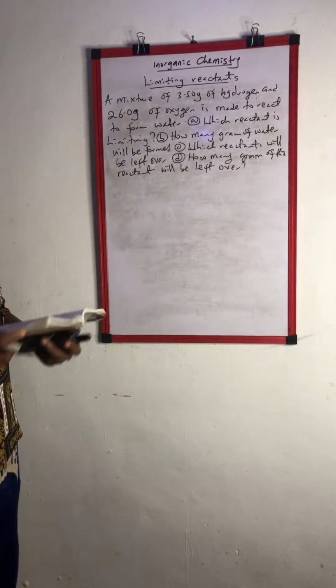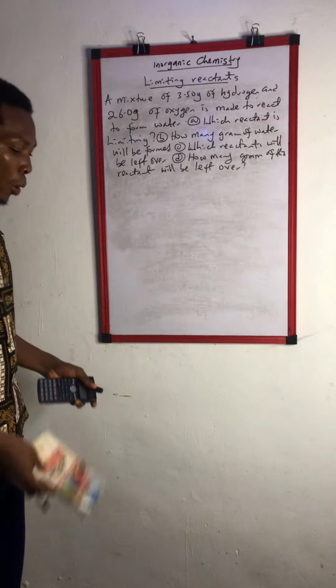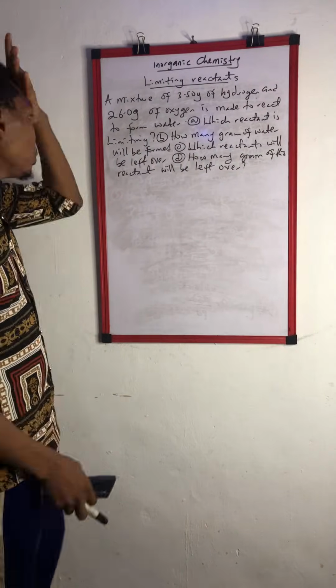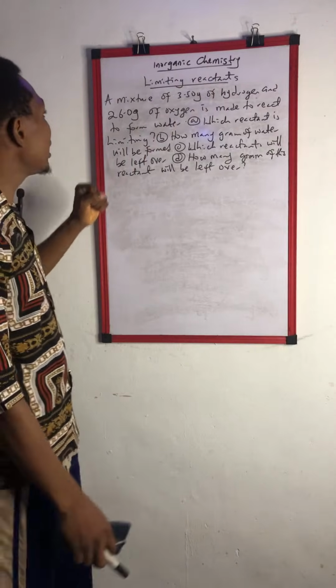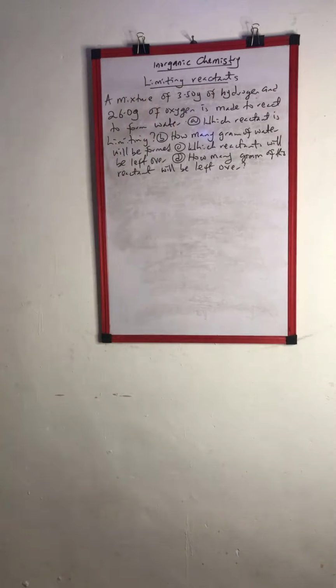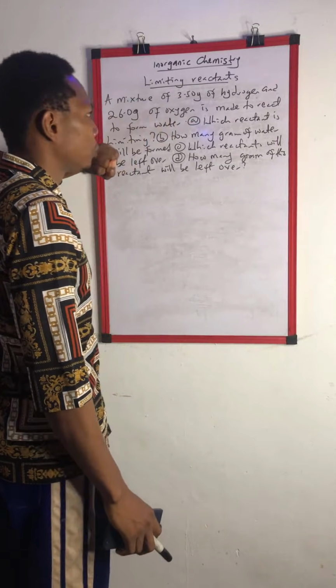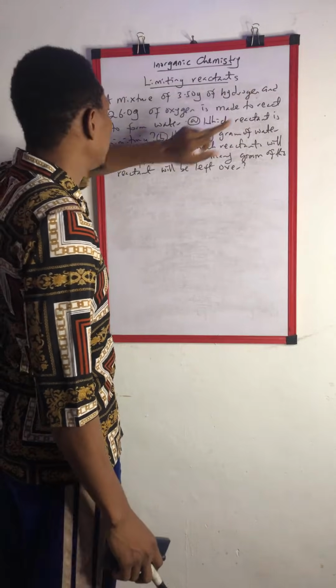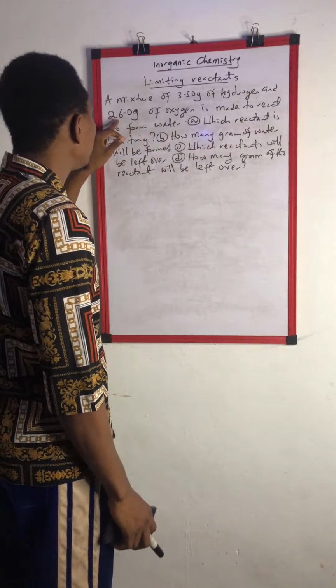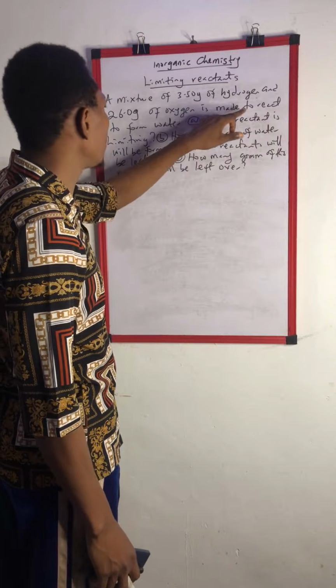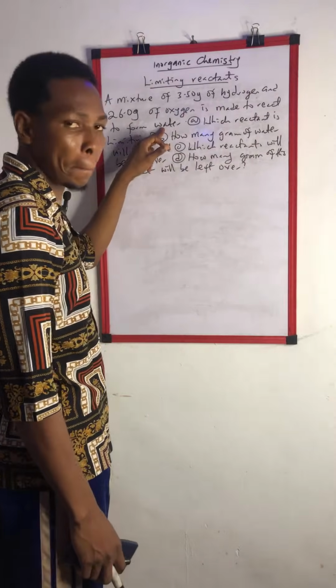All right, now we're going to work on this. We were told that a mixture of 3.50 gram of hydrogen and 26.0 gram of oxygen is made to react to form water.